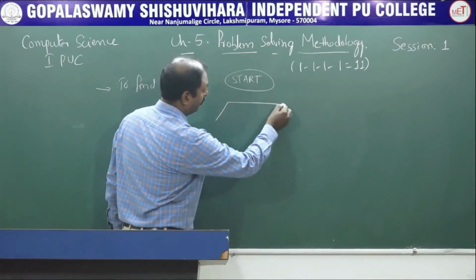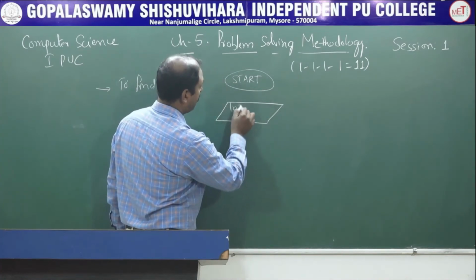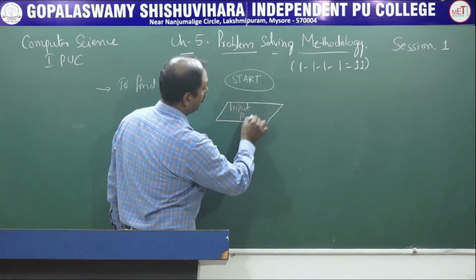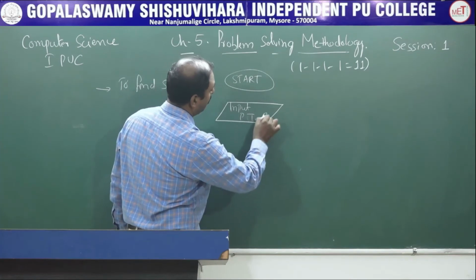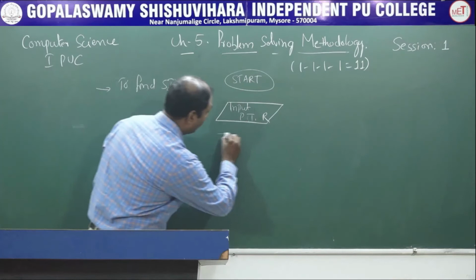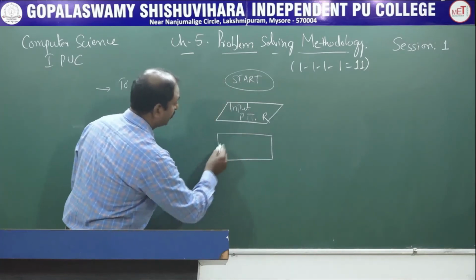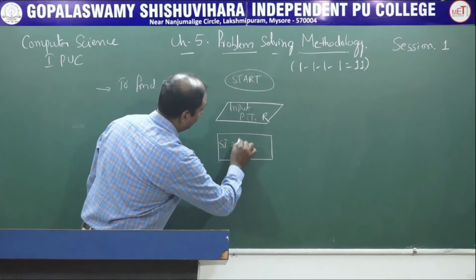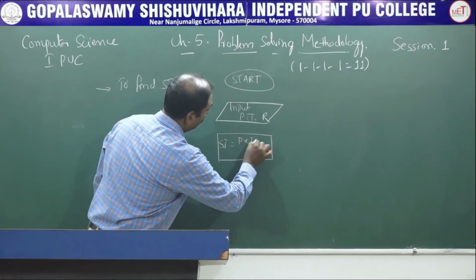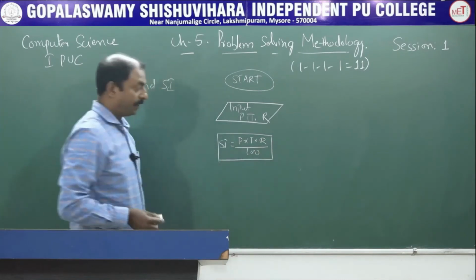We use a parallelogram. This is for input. We say input P, T and R. So the next step is applying the formula, that is nothing but processing. So here we write the formula SI is equal to PTR divided by 100.